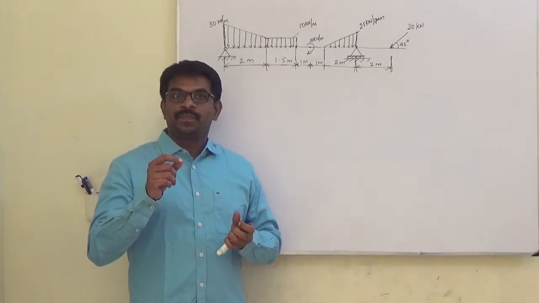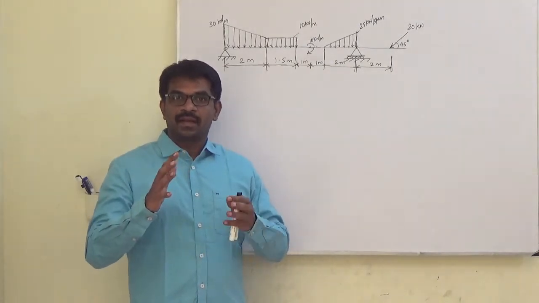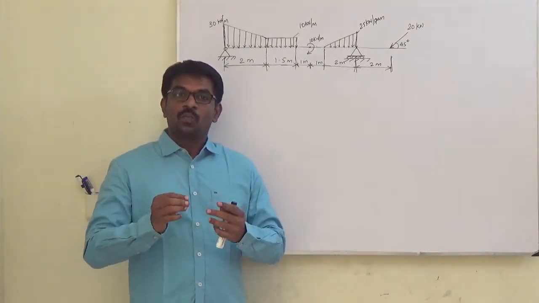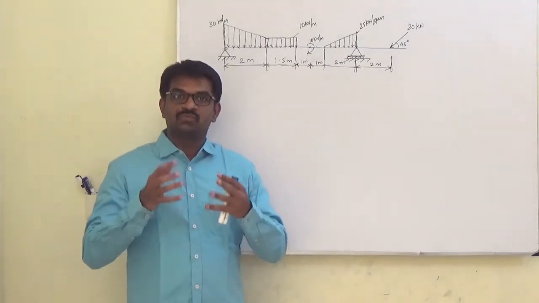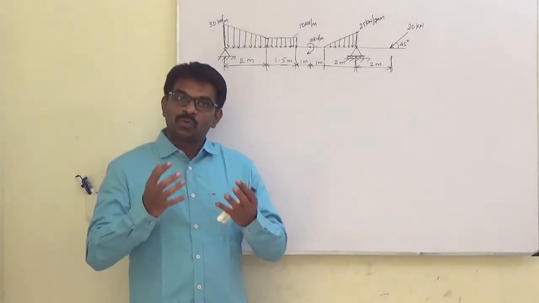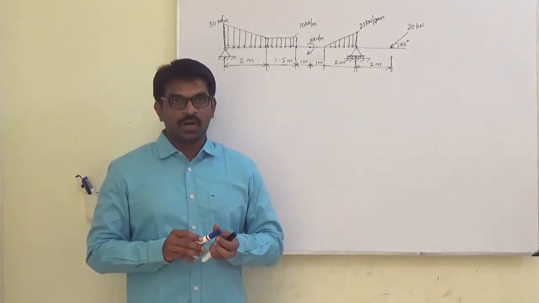If the bodies together have more than 3 reaction forces, or more than 3 unknowns to be solved, how do we solve that rigid body problem?